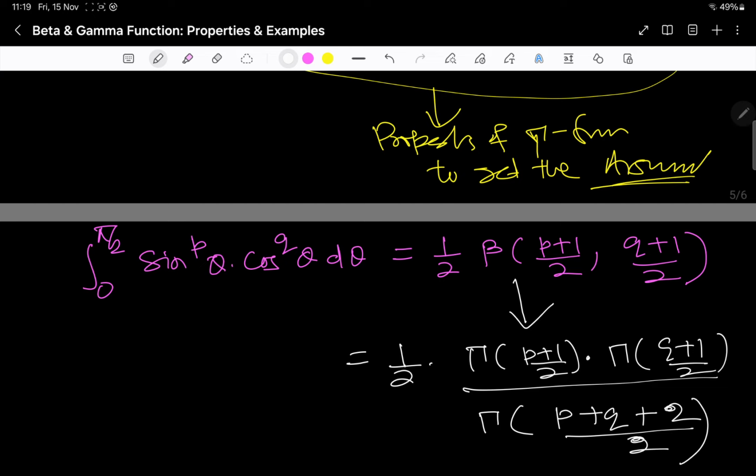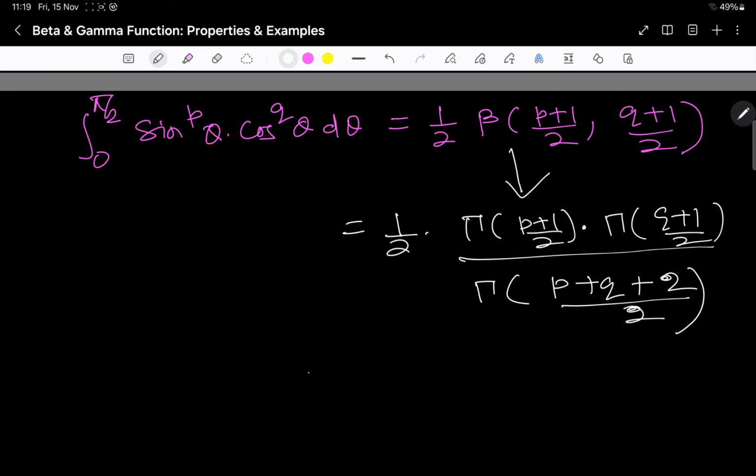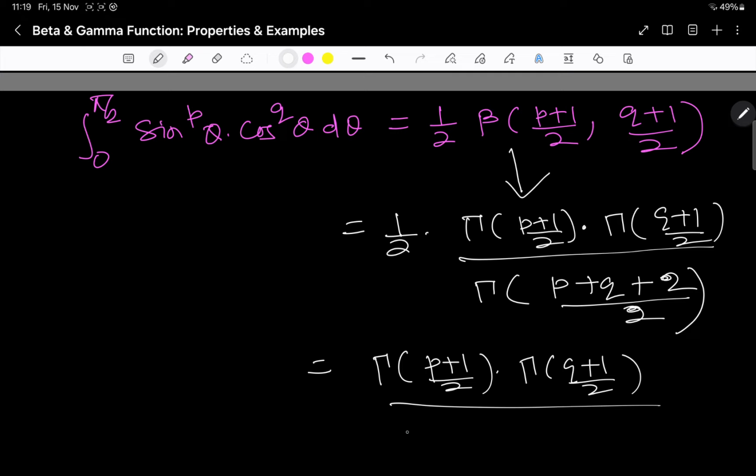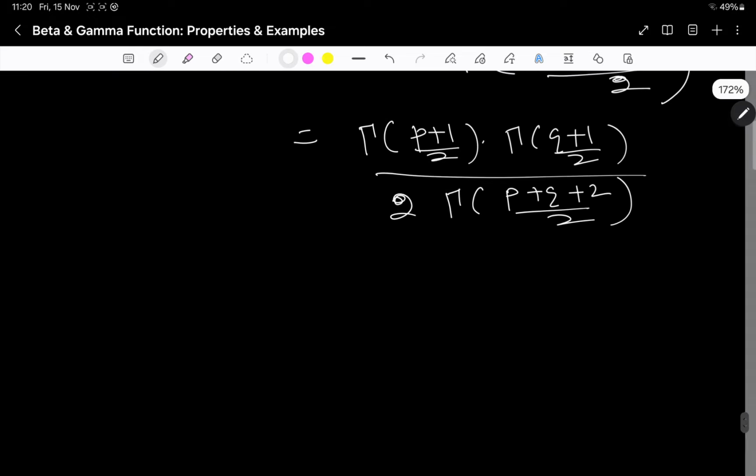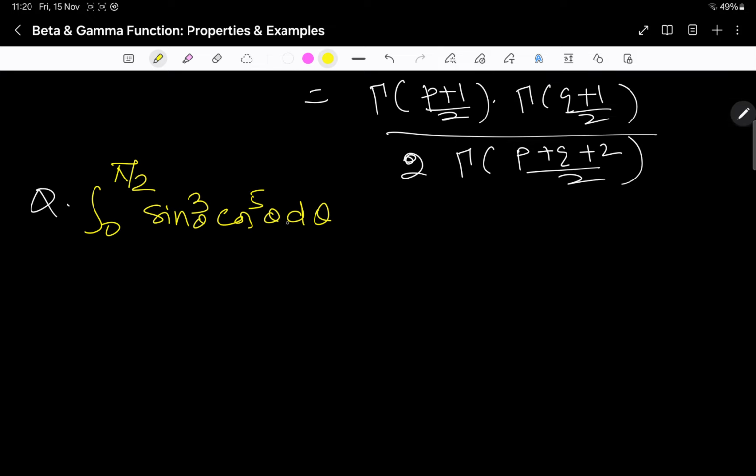So we can write it: gamma of p plus 1 by 2 gamma of q plus 1 by 2 divided by 2 times gamma of p plus q plus 2 by 2. So if I ask you to evaluate one integral, now you see its application here.